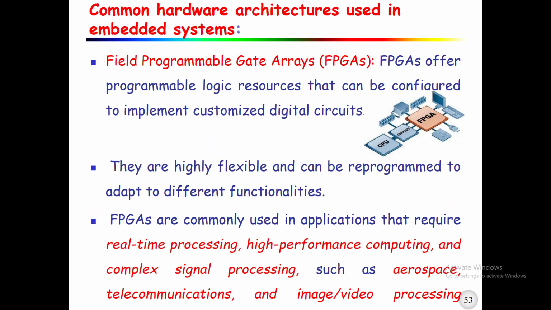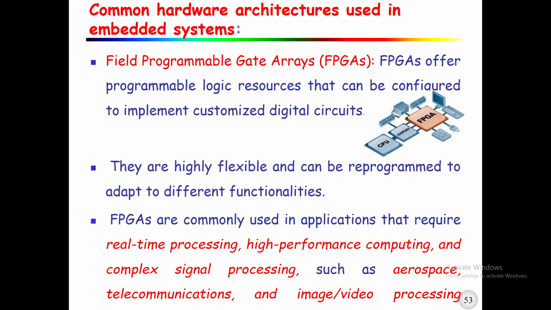Field programmable gate array. Mostly they offer programmable logic resources that can be configured and implemented to customize digital circuits. So they are highly flexible and can be reprogrammed to adapt to different functionalities.